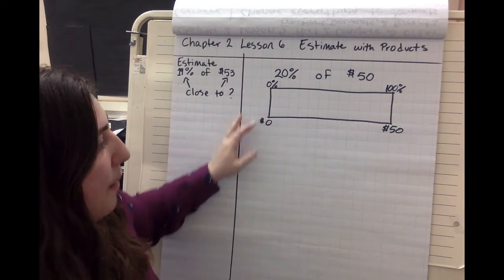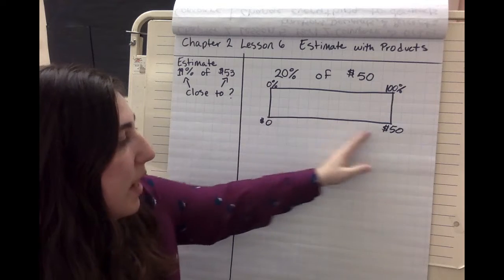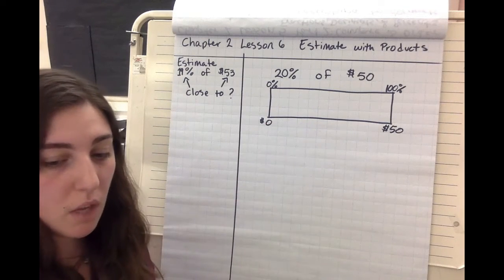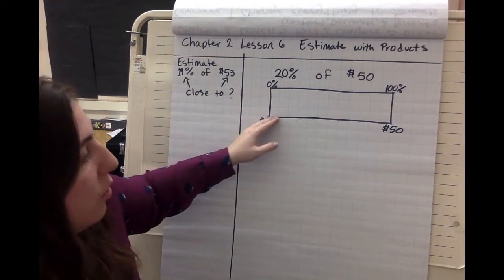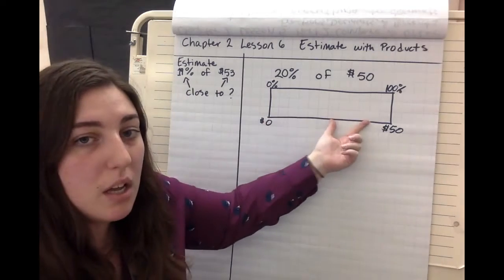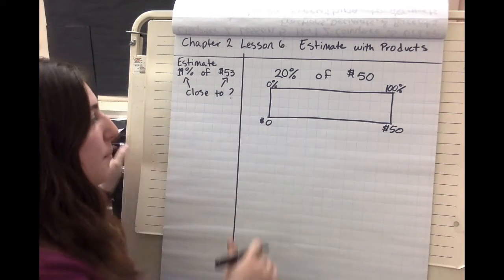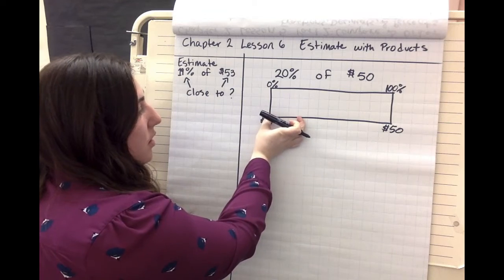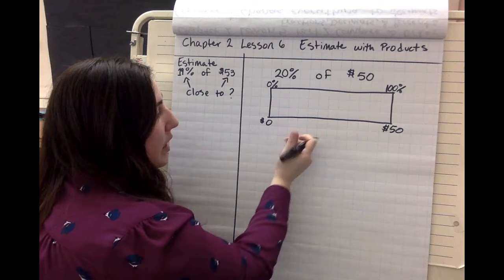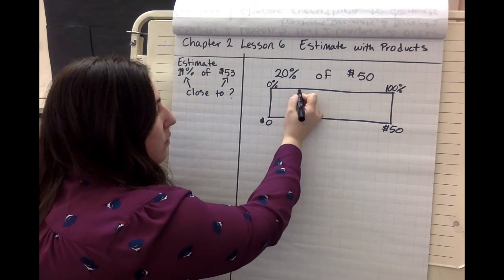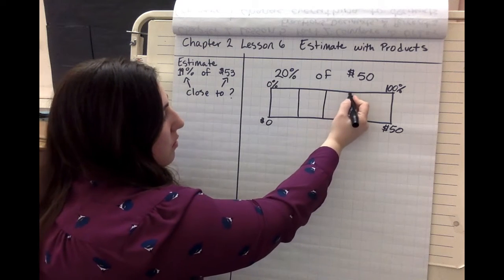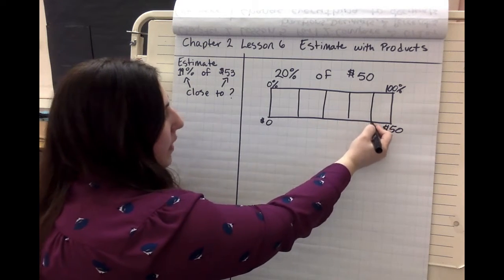Now that we have the ends filled out, let's fill out what should go in the middle. I'm going to divide this into 5 sections, because I want each section to be an equal amount. I know that if I divide it into 5 sections, I will get an equal amount in each. 1, 2, 3, 4, 5.